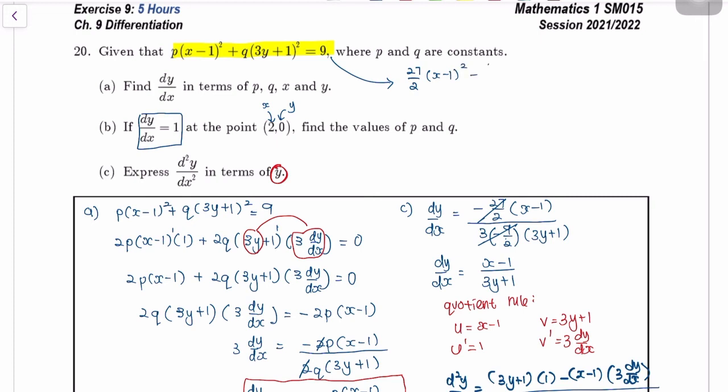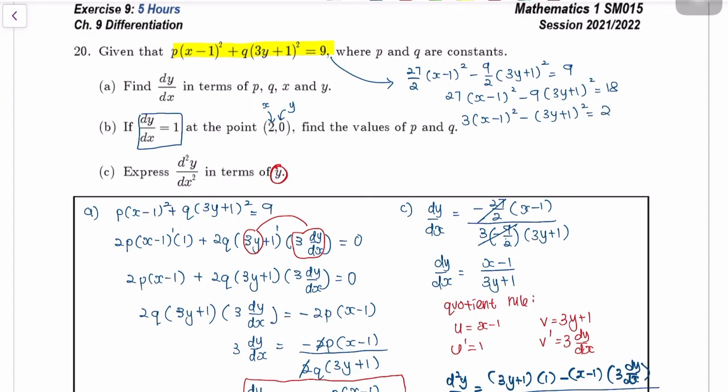So masukkan je lah negative 9 over 2 (3y plus 1) square equals to 9. Okay. So simplify. Saya bawa 2 tu ke sebelah right hand side. So dia jadi macam ni, plus 1 square equals to 18. Then kita factorize 9. So factorkan 9, 3(x minus 1) square minus (3y plus 1) square equals to 2.